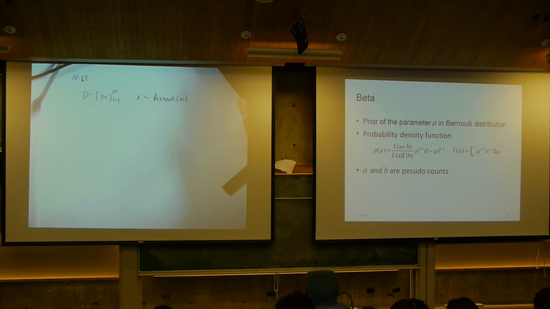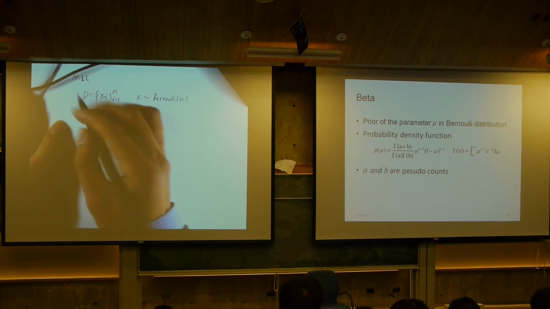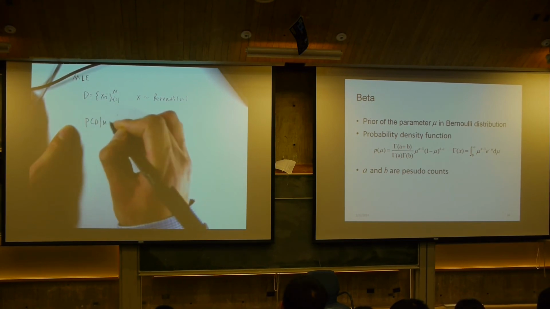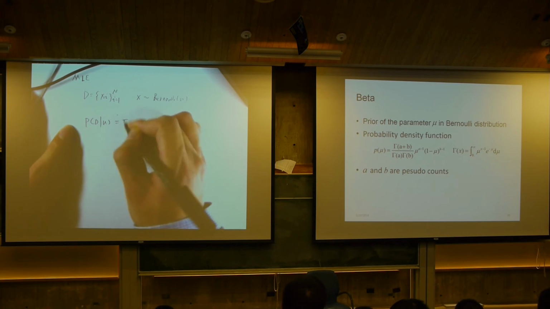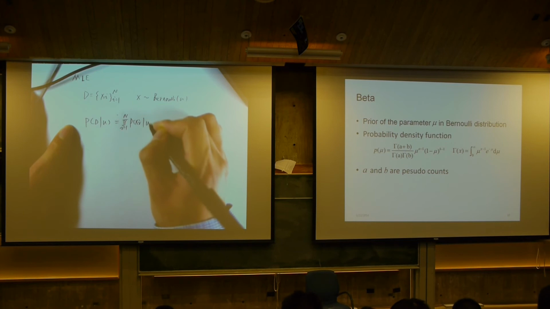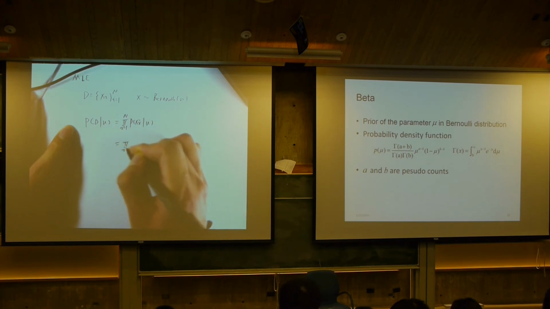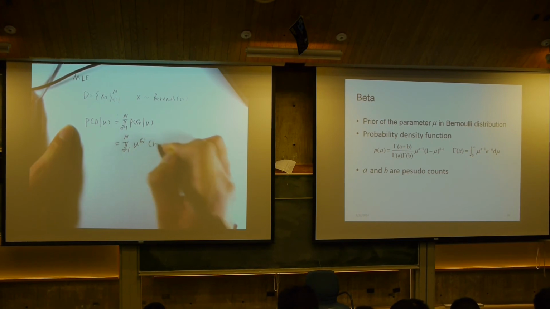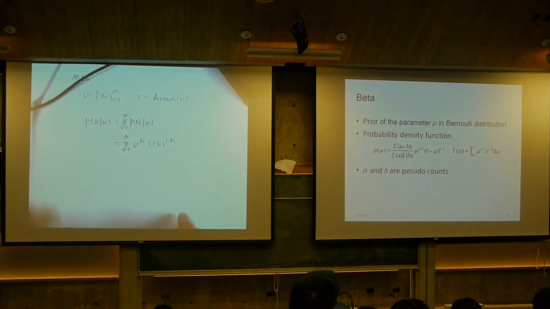So under the maximum likelihood estimation framework, we first write down the likelihood of the data. This is the likelihood function.